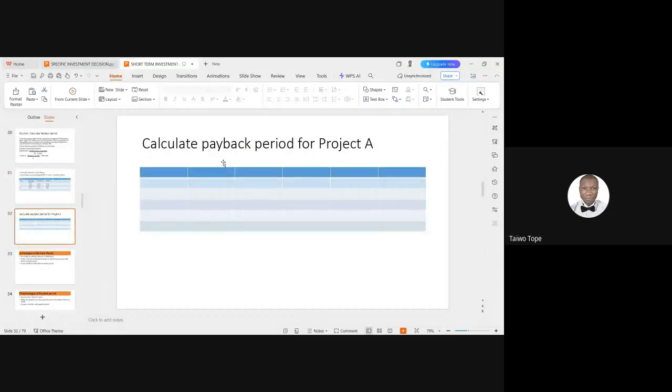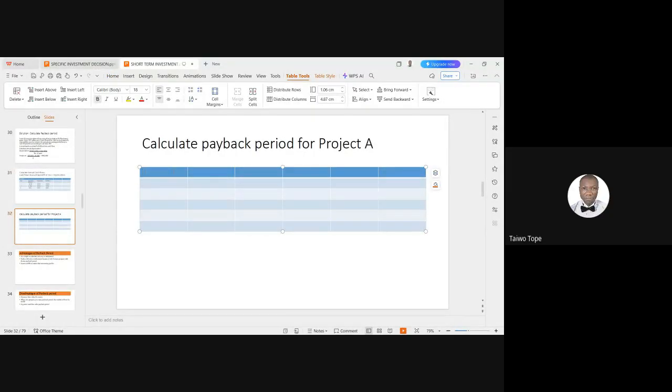So calculate payback period for project A. We can have our years, we can have items, we can have the cash flow, and we can have a balance column. So now, as at year 0, how much are you investing? 200,000.